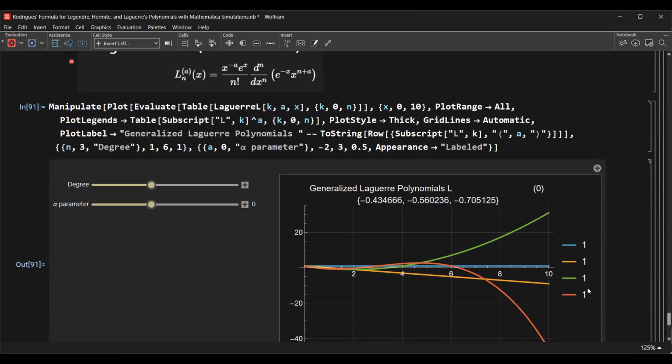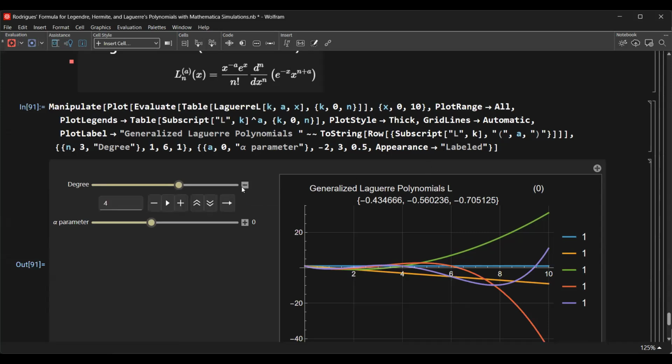The parameter here is equal to 0, and the degree is equal to 3. But we can also change the value of n here. For example, the degree is equal to 4 here, and we can change the value of the parameter.